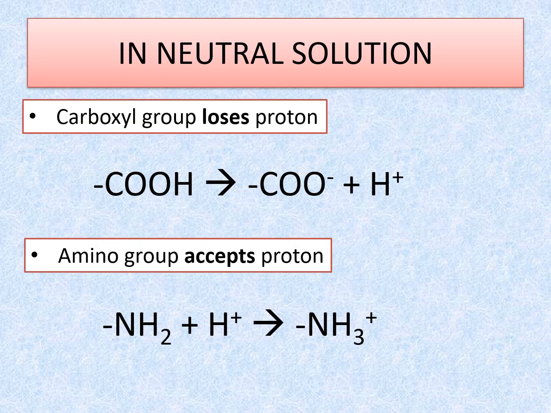In neutral solution, let's say physiologic pH, for example, or kung sa body, in physiologic pH, the carboxyl group always loses the proton or your H plus. I've already mentioned this one.